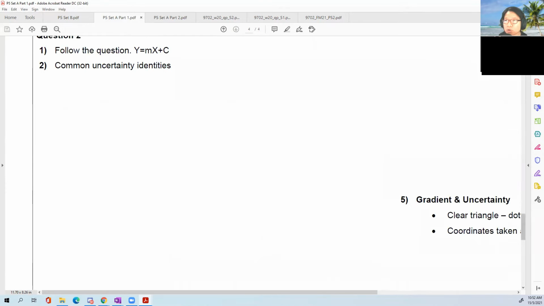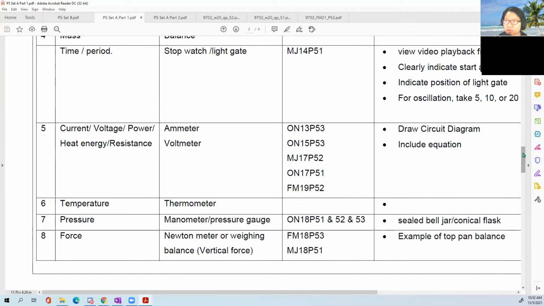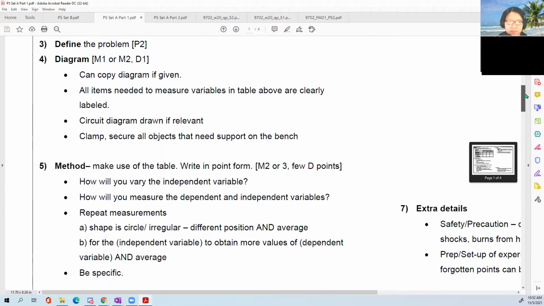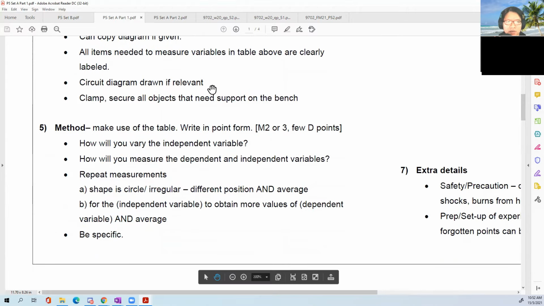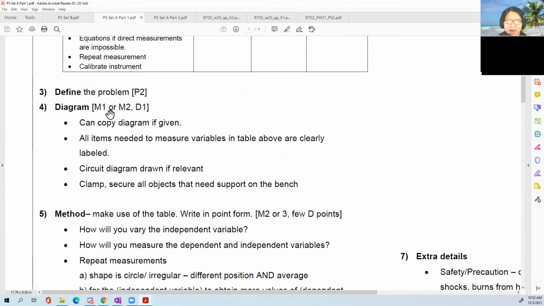Okay, so when it comes to the format, if you want to follow this format, it kind of settles most of the things. For the diagram, it can be 2 to 3 marks.